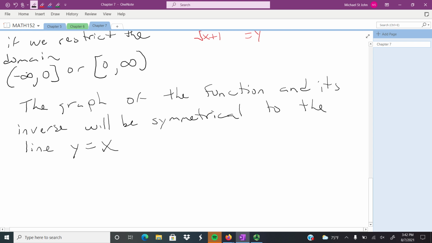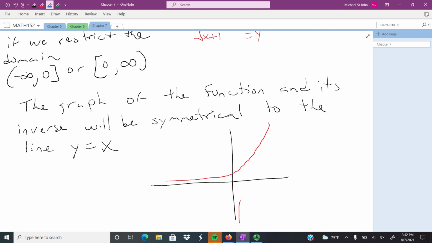A quick example of that: think back to your basic exponential graph, which looks like this, and my log graph, which looks like that. Then my y equals x line is the line going through here. The blue curve and the red curve are symmetrical about that line.